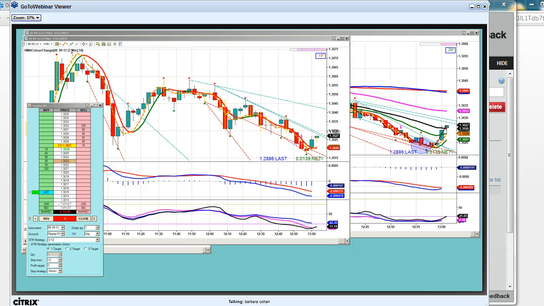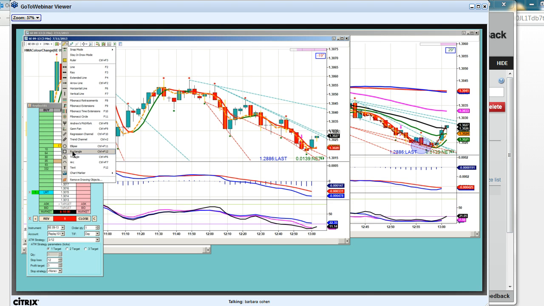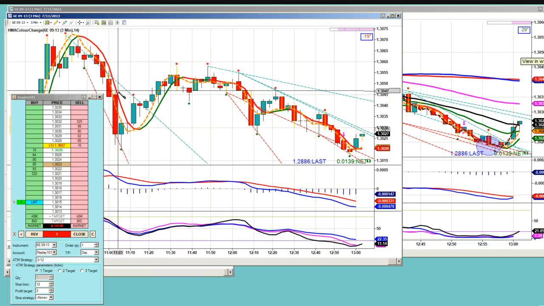Last week we talked about using the 3-minute chart, and one of the things we want to focus on is whether the candles are above or below the HMA line. That's a clue as to whether things are going good or bad. Here the candles are above the HMA line.